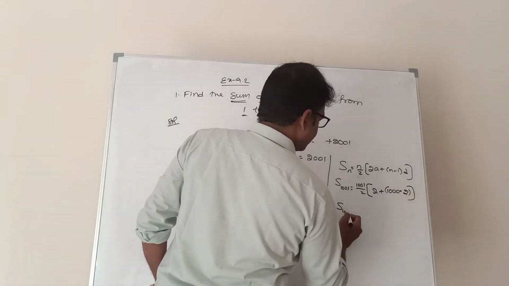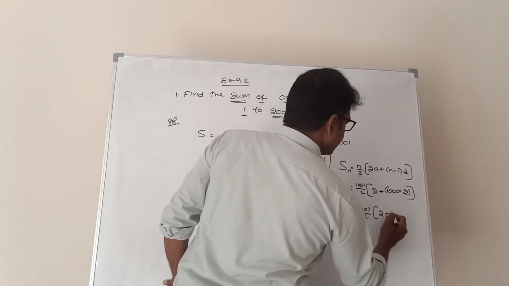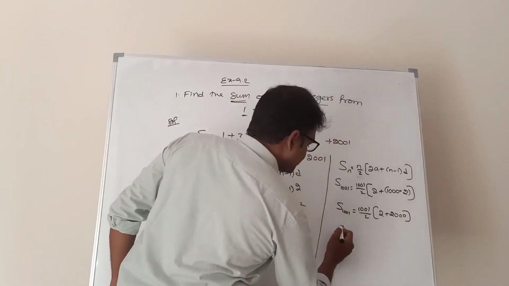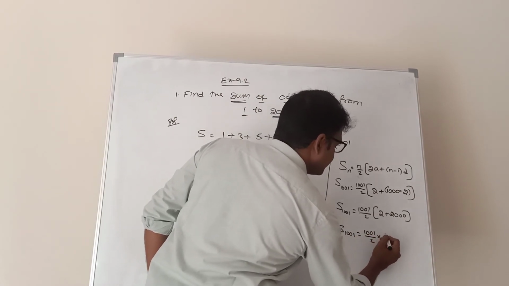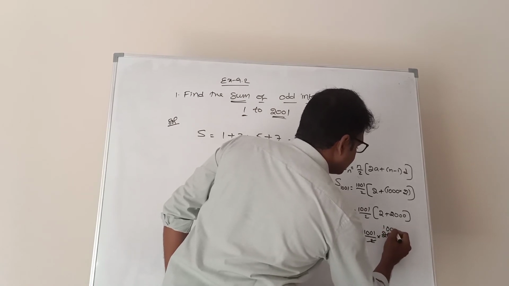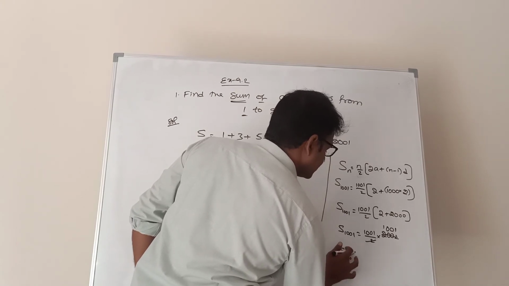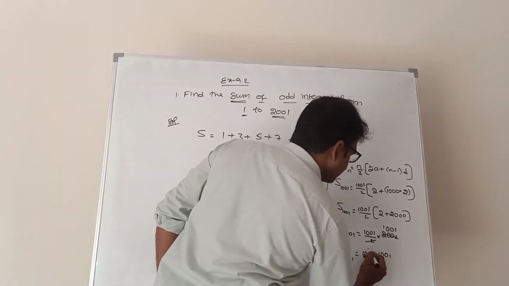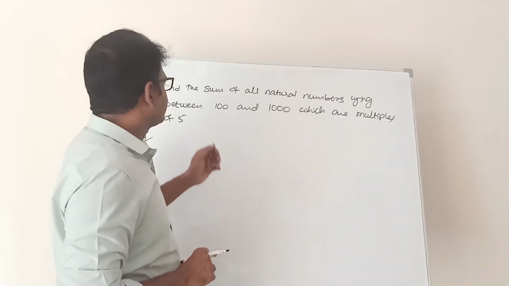So S 1001 is equal to 1001 by 2 into 2 plus 2000, that means 1001 by 2 into 2002. If you multiply this 2, you will get S 1001 equal to 1001 into 1001. Then you will get the value of the sum of these terms.